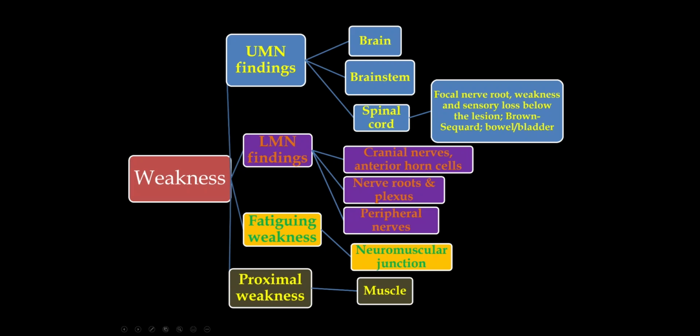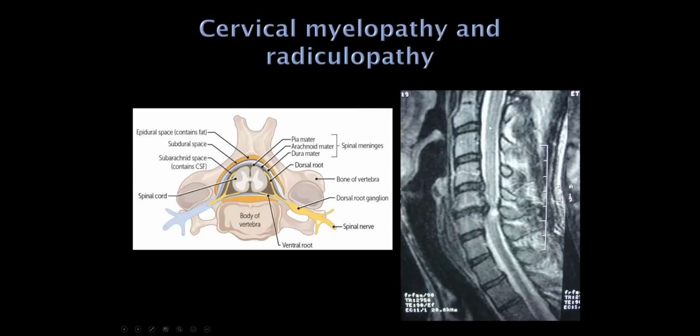So all of these descending motor and ascending sensory pathways, wherever you put the lesion in the spinal cord, your deficits then are always going to be immediately below the level of the lesion. And if we involve one half of the spinal cord, we'll get something called the Brown-Séquard syndrome, which I'll talk about later. And spinal cord lesions classically result in bowel and bladder dysfunction as kind of a unique feature.